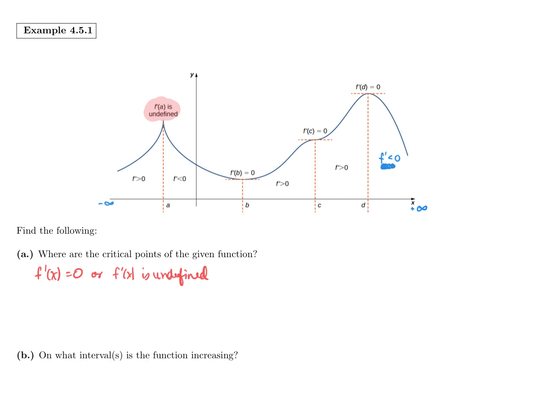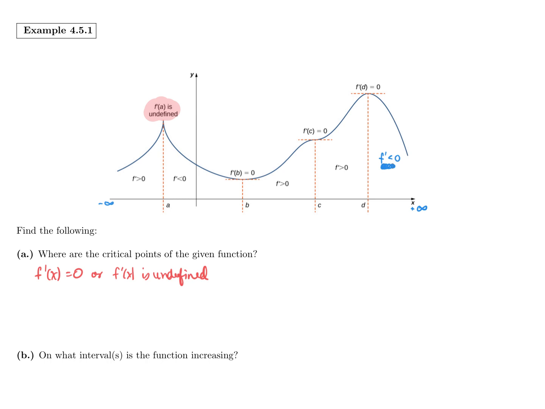It looks like a spike. These slopes are getting larger and larger until they become vertical from the left, and the slopes are also becoming more and more vertical from the right. So our derivative at a would be undefined because the slope is undefined.